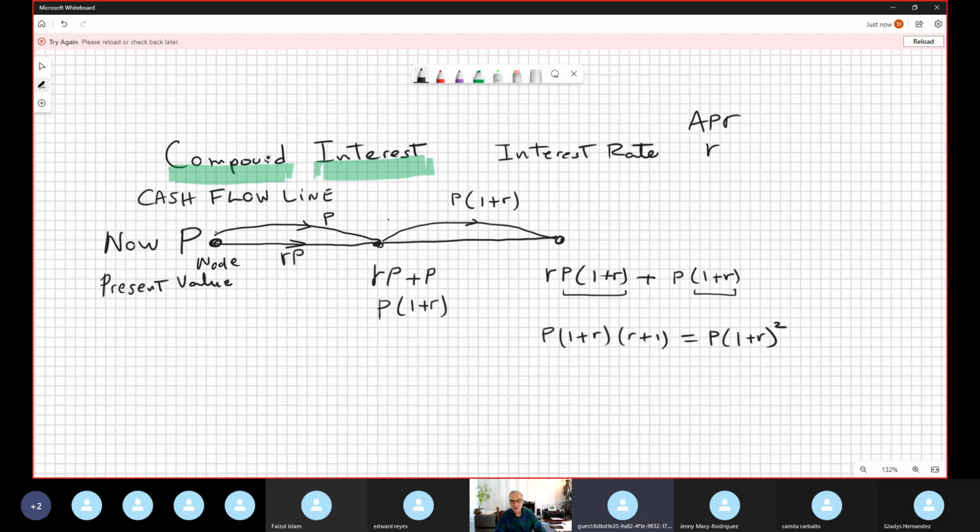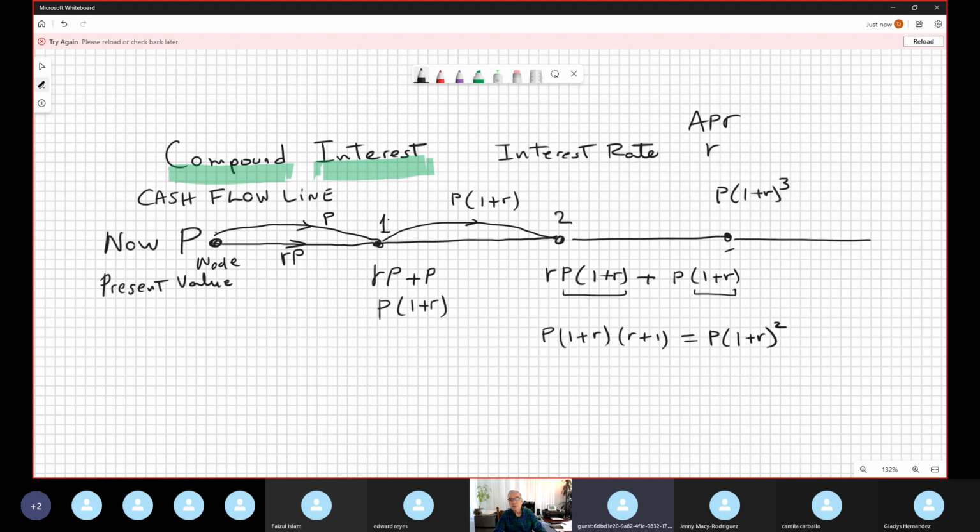So it's easy. What's the formula? This is at the node of 1 year, 1 period, it doesn't matter. And the third, not necessary to compute again, is P(1 plus R) cubed, and so on.